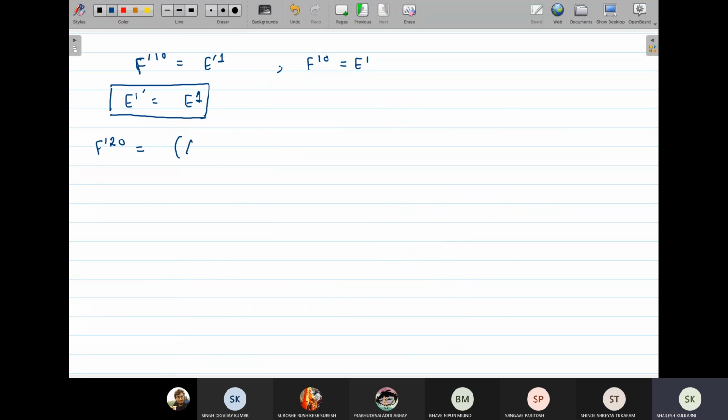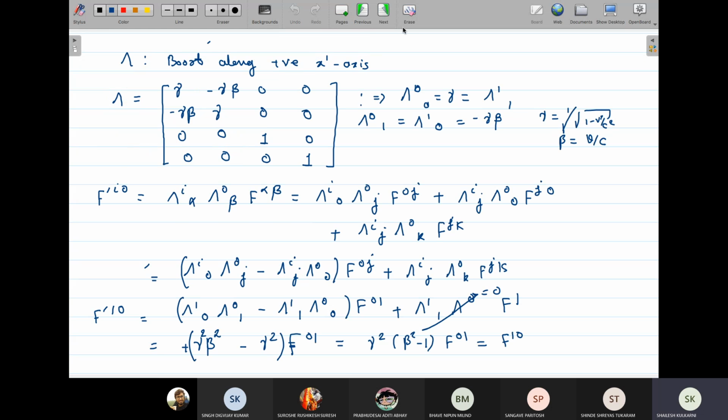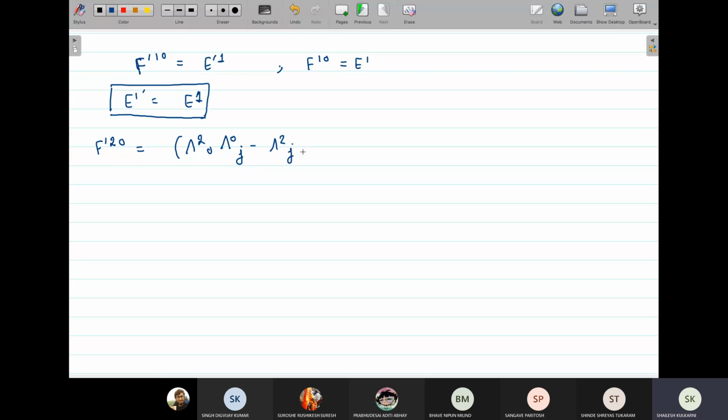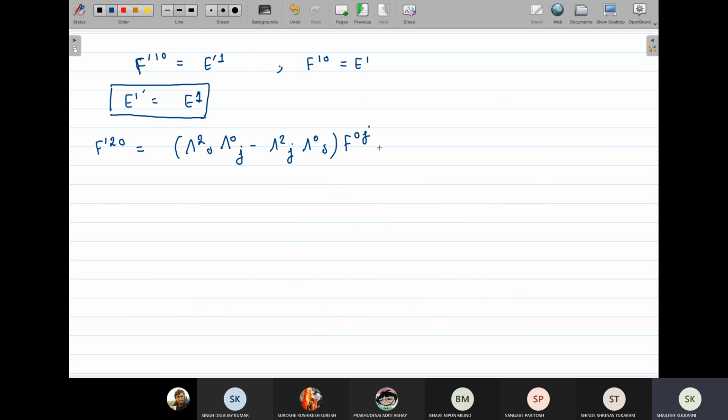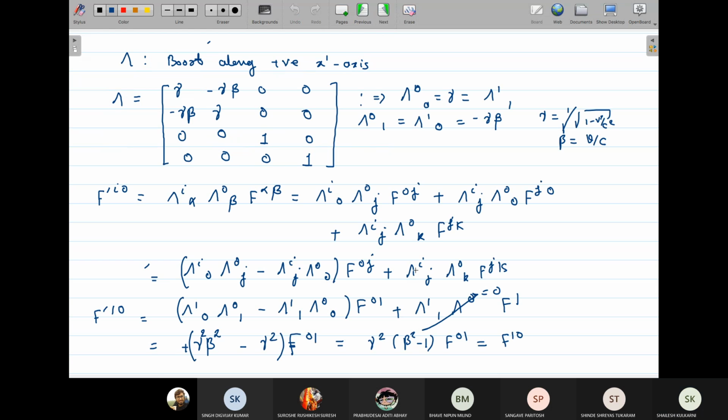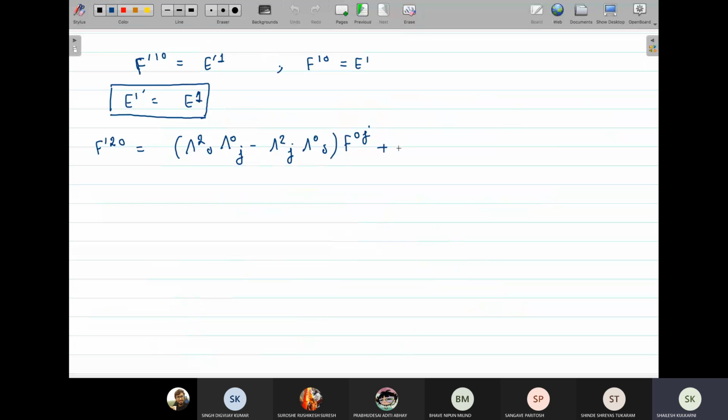It will be F prime 20 equal to gamma 2j, gamma 0 0, minus gamma 2j, gamma 0 0, F0j, plus lambda 2j, lambda 0k, Fjk. That's it. Okay, fine. So let us see.